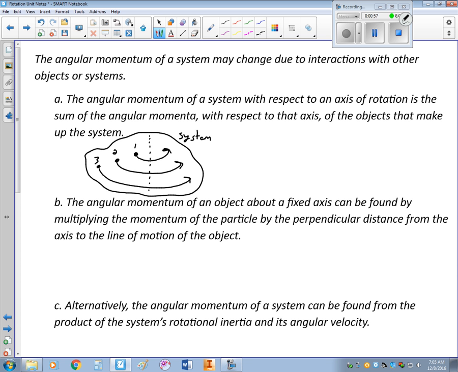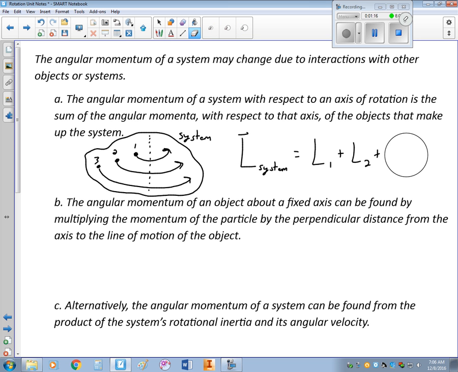We can consider all of those individual particles to be a system. Then the angular momentum of that system would just equal the sum of those three particles.